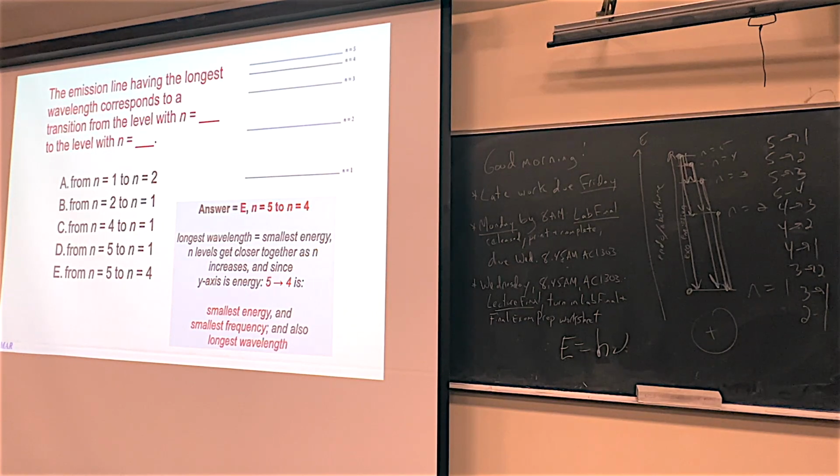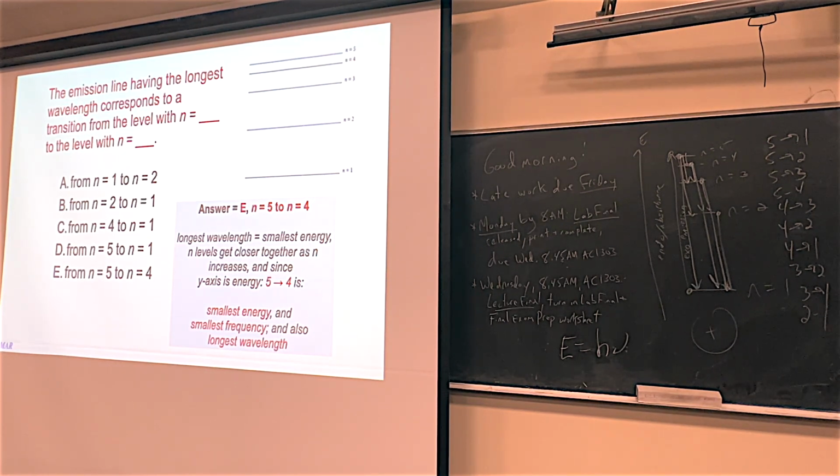This picture kind of does it. I tried to do it a little bit better. If you're a math person, it's a 1 over n squared, but you don't have to worry about that. Just realize that they get tighter and tighter as they get closer and closer. The 2 lines in the visible spectrum, those 2 purple ones you saw on Monday, are both about the same color because they're both pretty close in their transitions to each other.